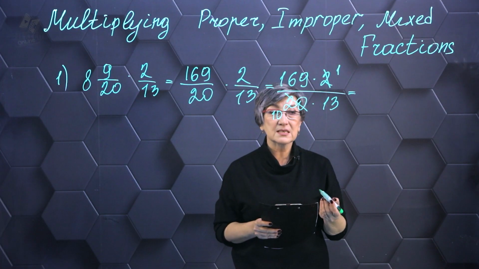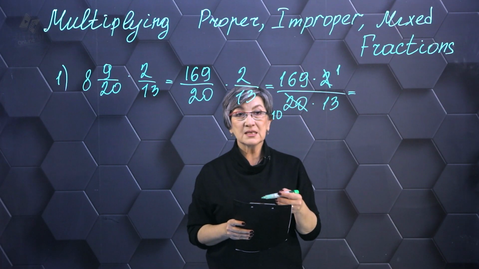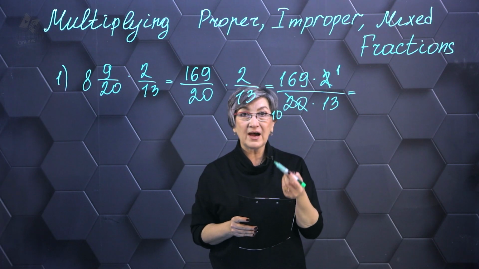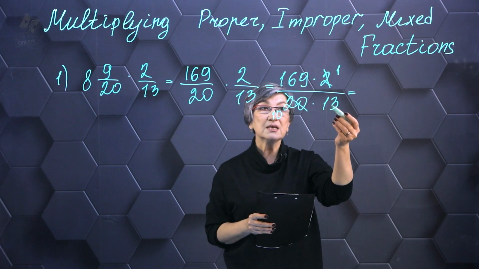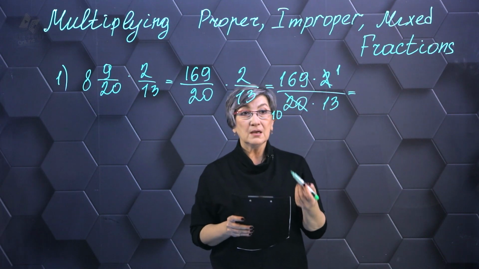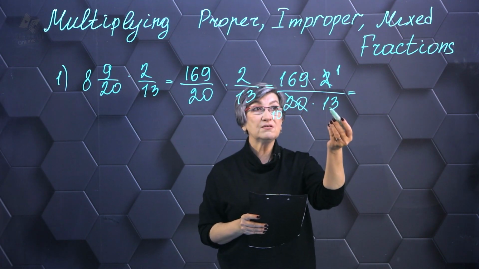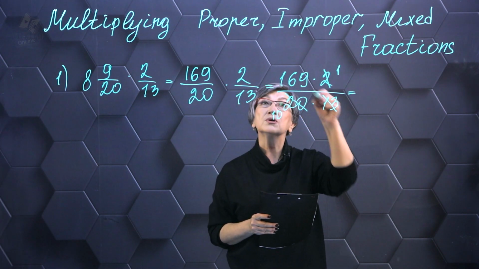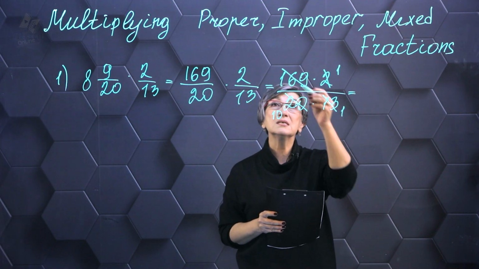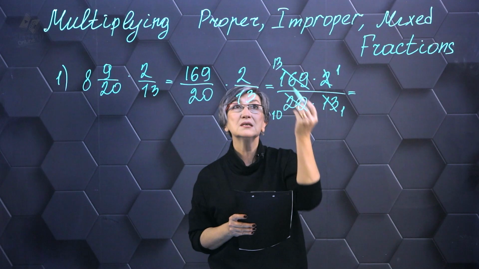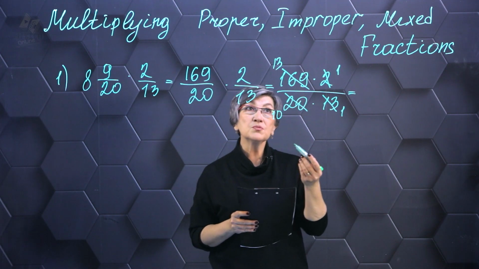169 and 13. When you don't know what number two numbers are divisible by, try 169 divided by 13 and check. And indeed, 169 is divisible by 13, so these two numbers I divide by 13. 13 divided by 13 is 1, and 169 divided by 13 is 13.